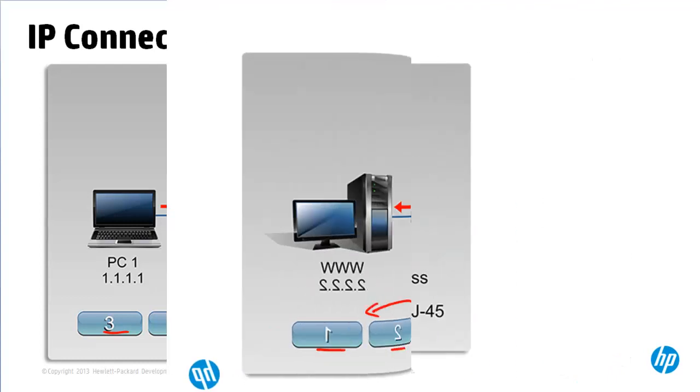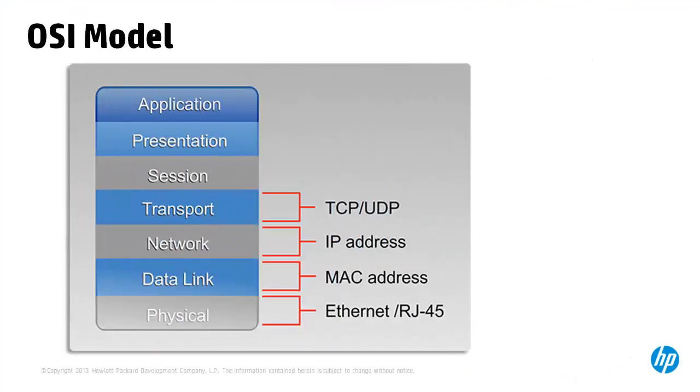The two protocols that we're going to concentrate on in this video are once again TCP and UDP, which are layer 4 protocols in the OSI model. In other words, they reside at the transport layer. Just to recap, at the physical layer, we would have physical specifications for Ethernet, RJ45, and other physical media.